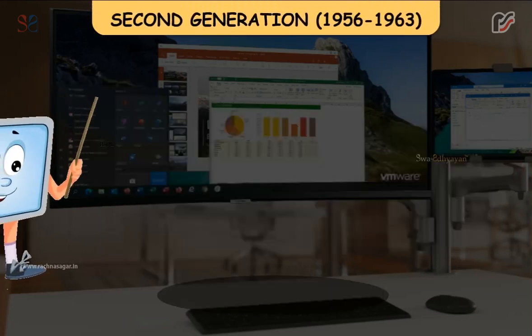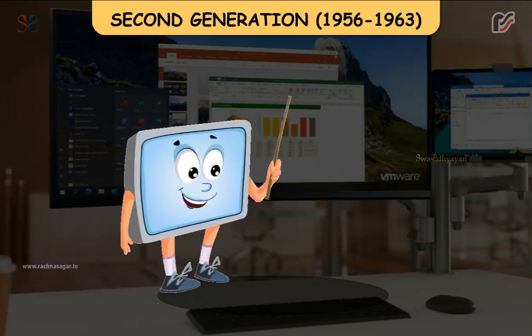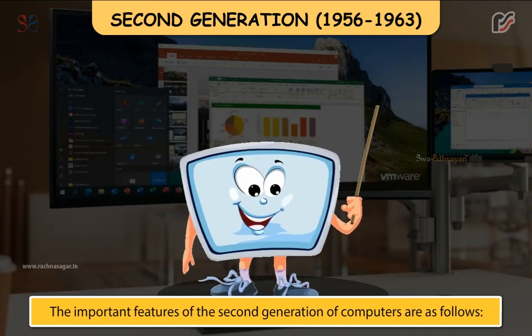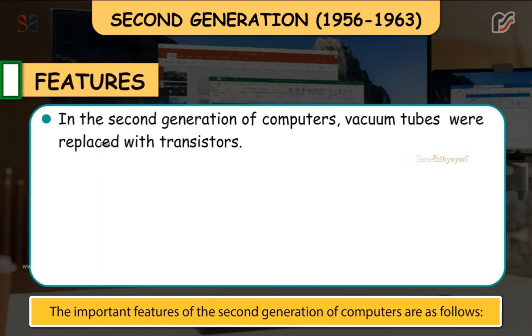Second generation, 1956 to 1963. The important features of the second generation of computers are as follows. Features. In the second generation of computers, vacuum tubes were replaced with transistors.